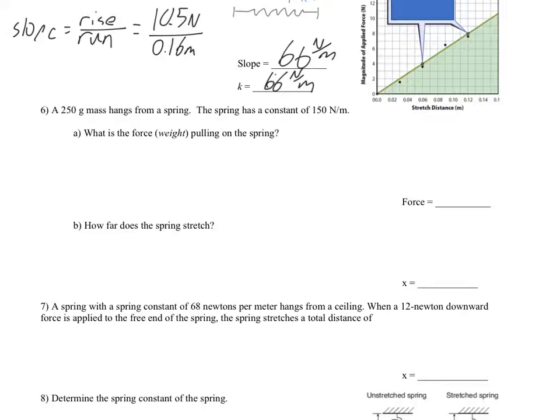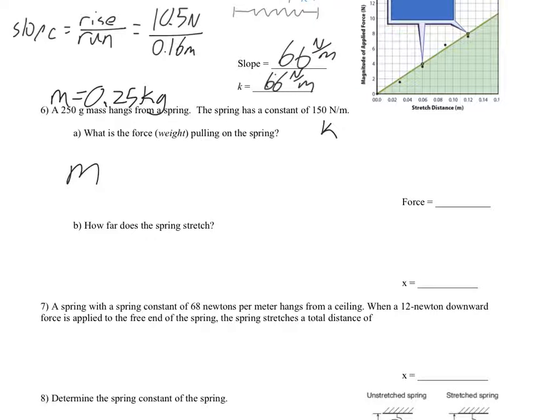For the next question here, we want to find how far a spring stretches. So we're given the mass hung from the spring, which is 0.25 kilograms. You have to convert that from grams. And you're given the k value of 150 newtons per meter. So the first thing it asks us to do is find the weight pulling on the spring, or the force pulling on the spring.